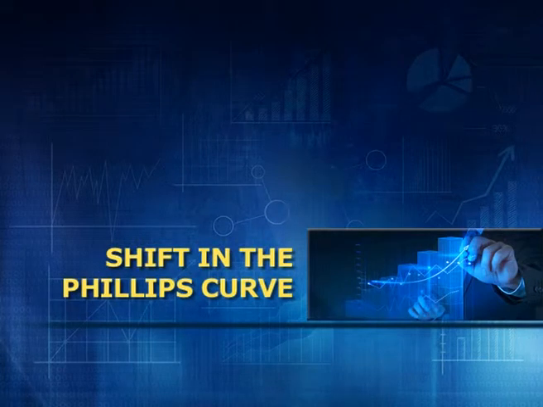Friends, let us now understand the shift in the Phillips curve. To check this inflation rate, the central bank of a country will take steps to lower the growth in money supply. As a result, the actual inflation rate falls to 6% per annum.